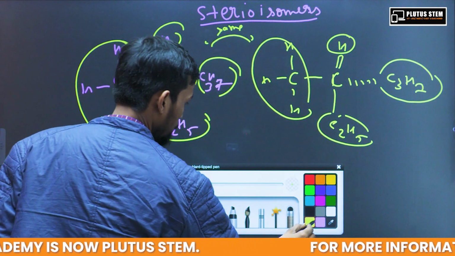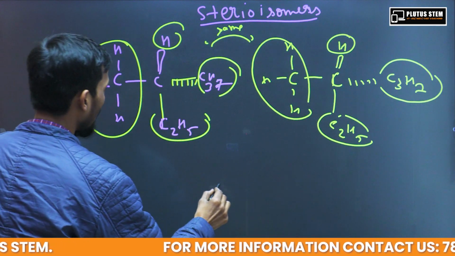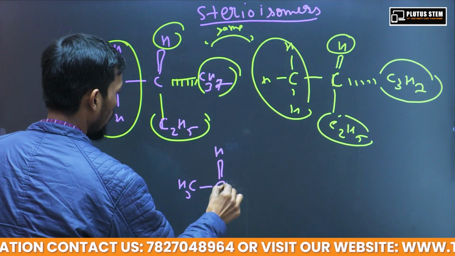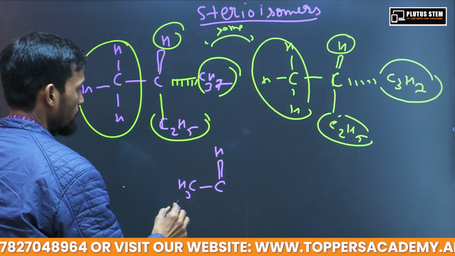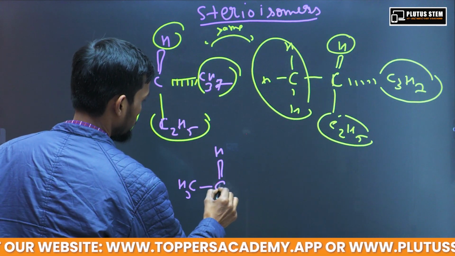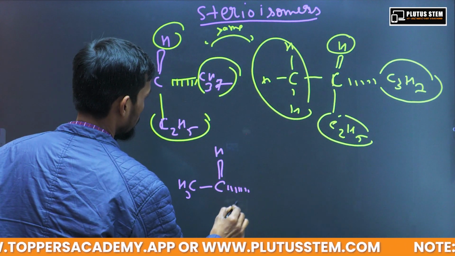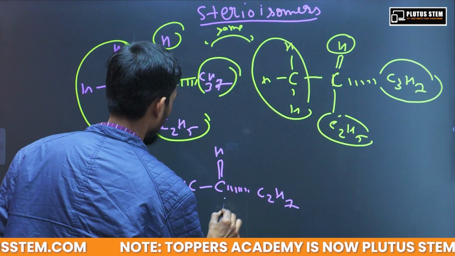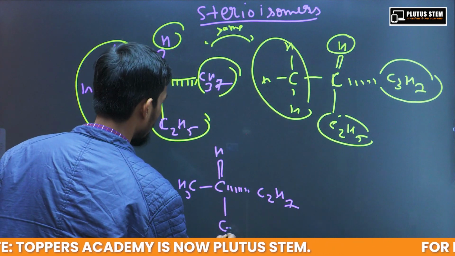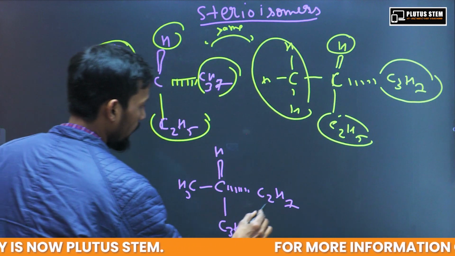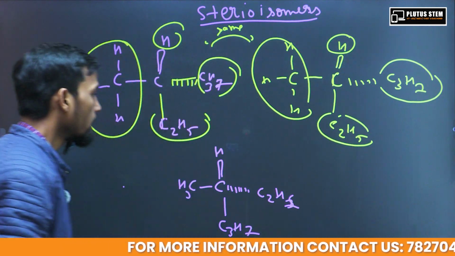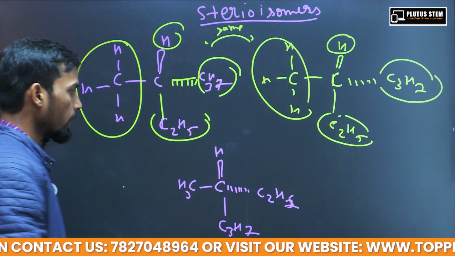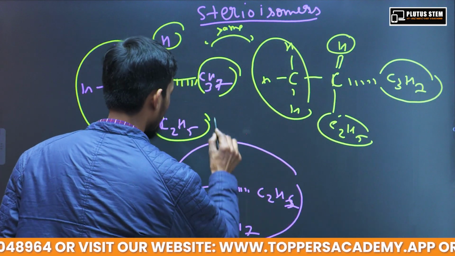But if we make a slight change, CH3, hydrogen, at this position if we take this C2H5 and here C3H7, if we make such an arrangement where the orientation in 3D is different, then these two are stereoisomers.